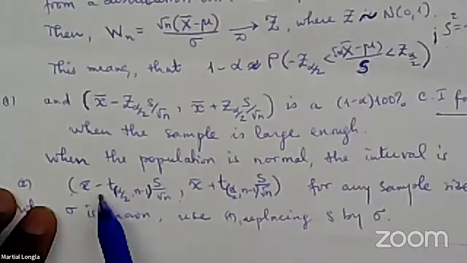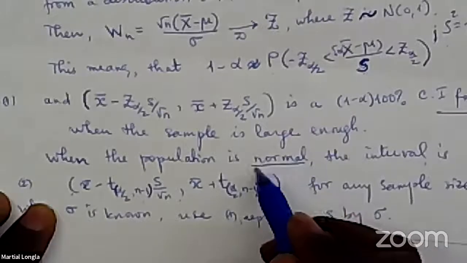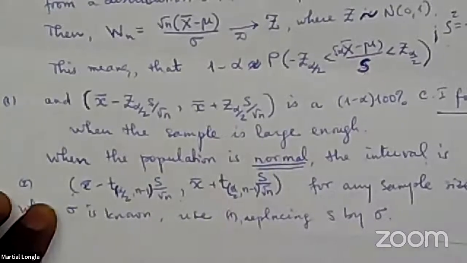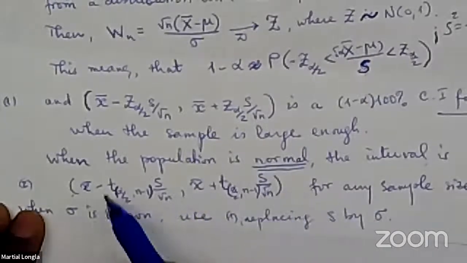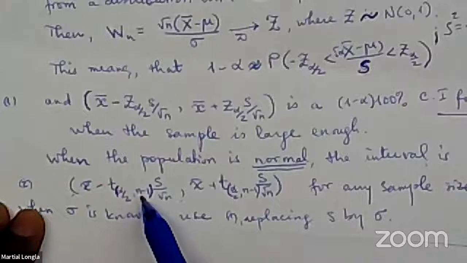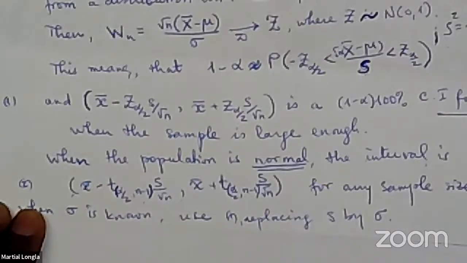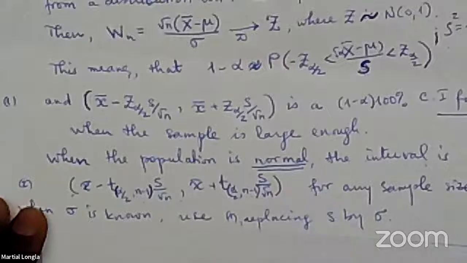And that's the reason why, when we have this additional condition that the data is normal, we have the confidence interval in which we have x bar minus t, and t has two parameters, alpha over 2 and n minus 1, which is the degrees of freedom of the t distribution, and then x bar plus t alpha over 2, n minus 1, times s over root n.